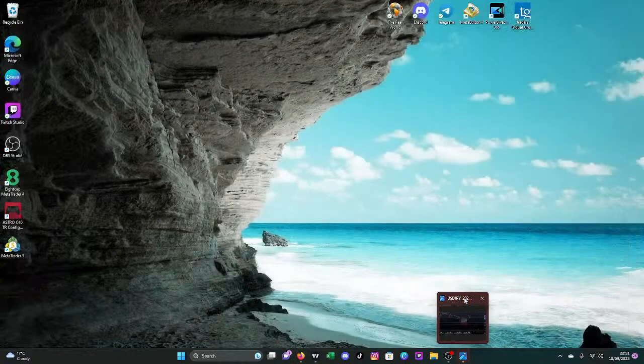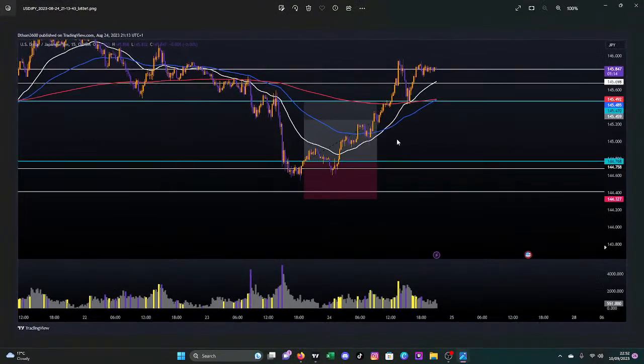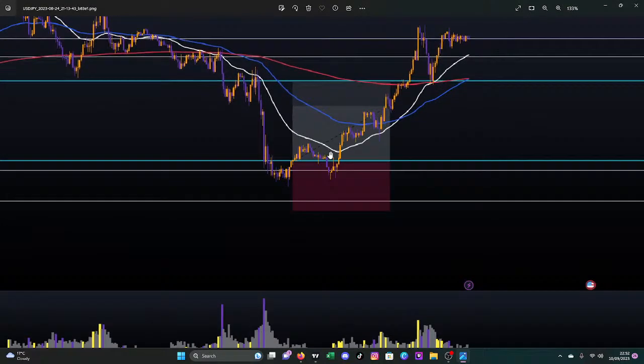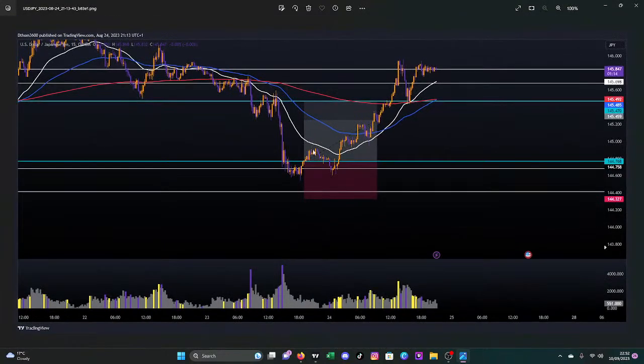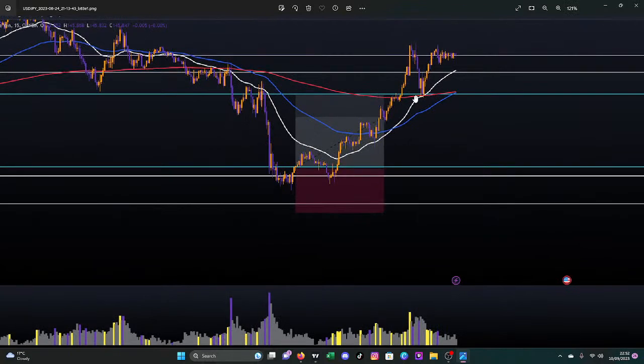USD JPY. Right, let's see this trade that we took last week. In fact, that was a couple of weeks ago. So we've done simple supply and demand zones, marked out roughly that blue line there, we put our stop loss, second one for take profit.